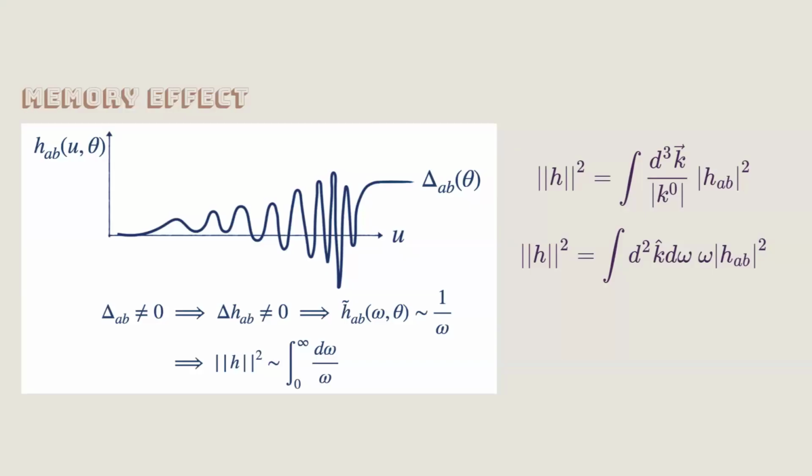Here it's very exaggerated; the signal isn't usually this big. This change is a function of angle, and it's called the memory. This is purely classical, and generically the memory is non-zero.